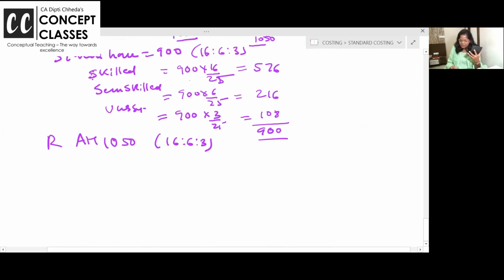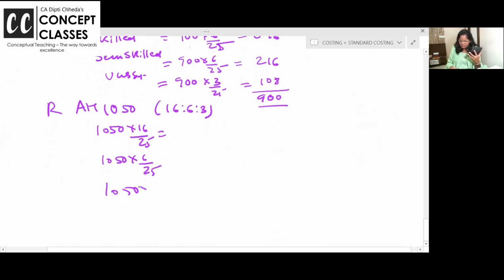What is standard? 16:6:3. 1050 into 16 by 25, do it. 1050 into 6 by 25. 1050 into 3 by 25. 672, 252, 126.